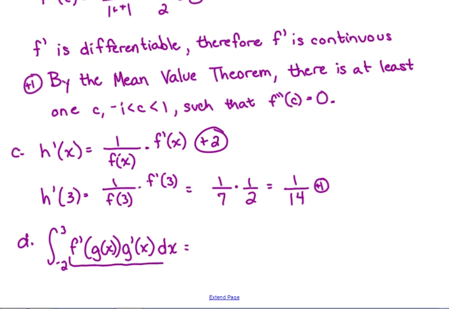So what did I take the derivative of to get that expression right there, the f prime of g of x times g prime of x? F of g of x. It's a chain rule. f of g of x. If we take the derivative of that, its derivative is f prime of g of x times g prime of x. Now, we do have to evaluate it from -2 to 3.